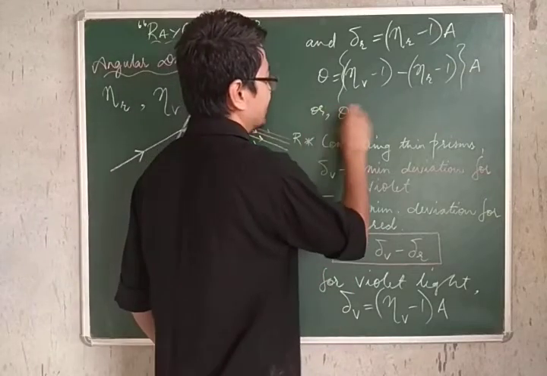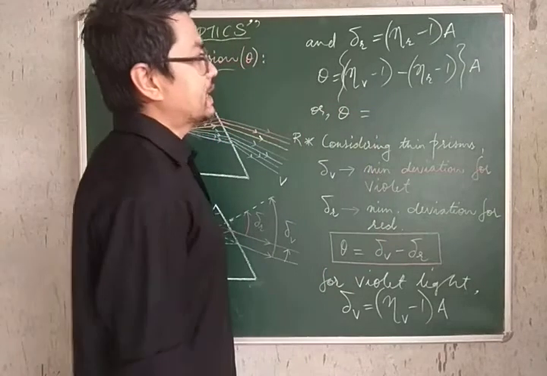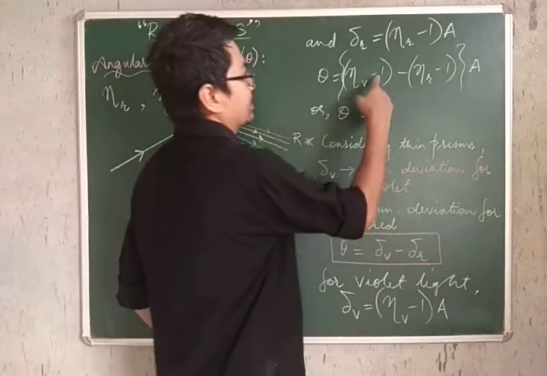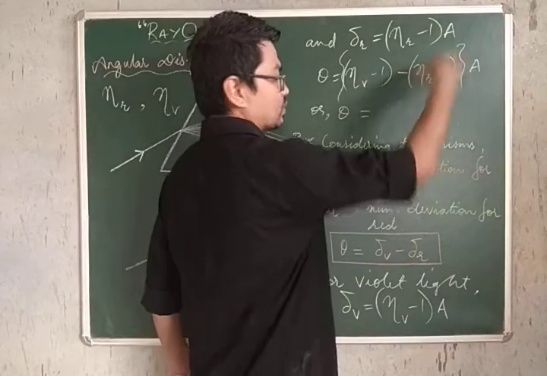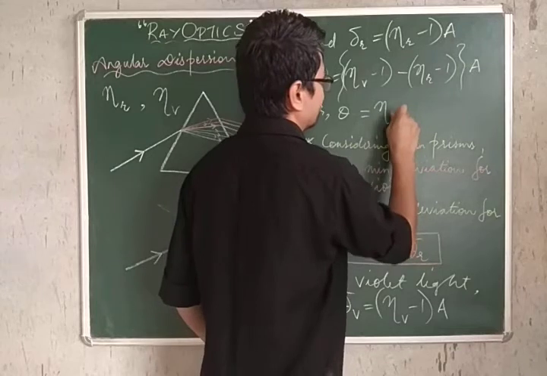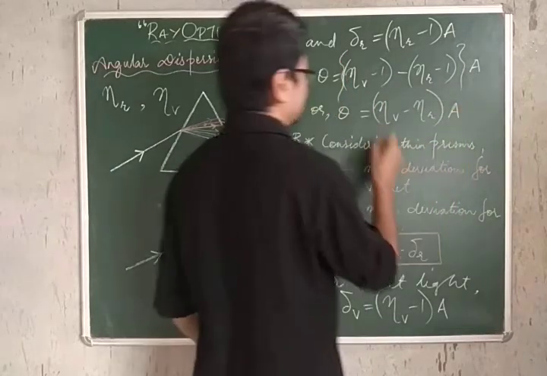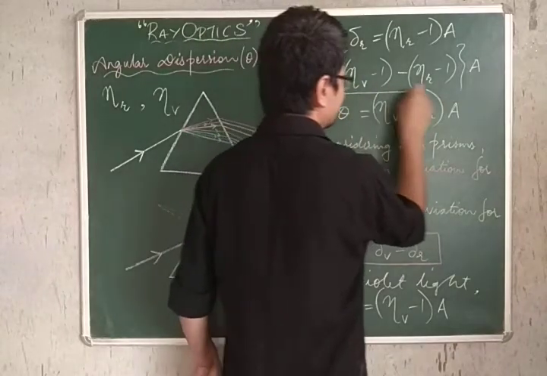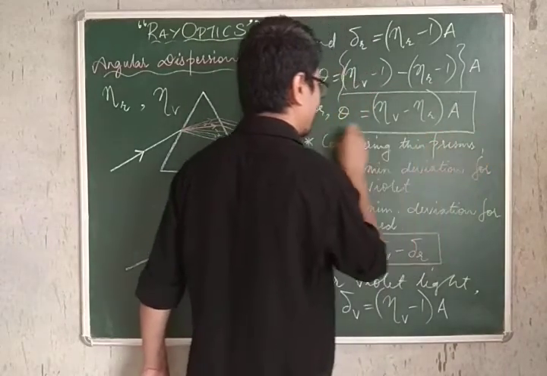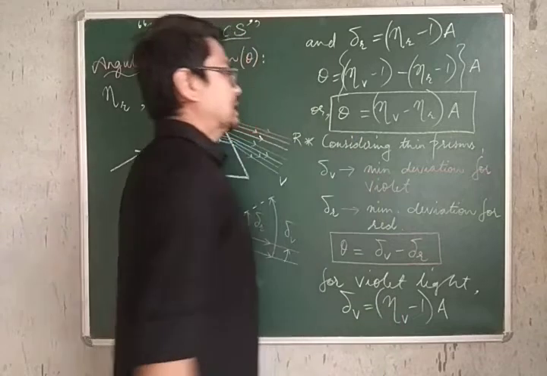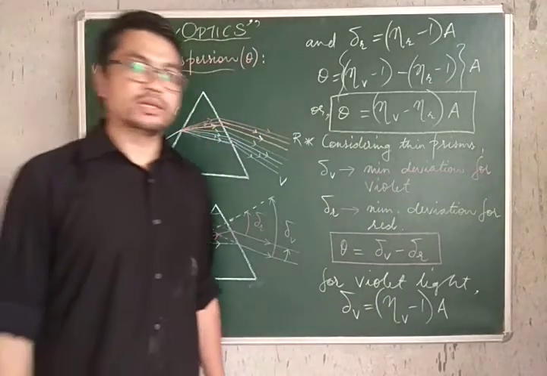So what do we get from here? Theta is equal to minus 1, this becomes plus 1, so the 1s cancel each other out. We have (eta V minus eta R) into the angle of the prism. So this is the final result that we get for angular dispersion.